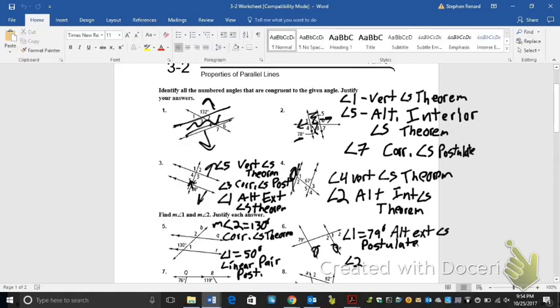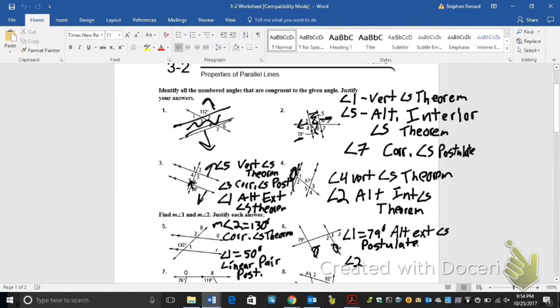We then have angle number 2. Now, angle number 2 is a little tricky because notice it's not one of the 4 that we've gone over. So we're going to have to actually kind of figure out a way to make angle 2 congruent with that 79 degree angle. We can't use corresponding because the one in the top left of the right-handed angle is missing a letter.